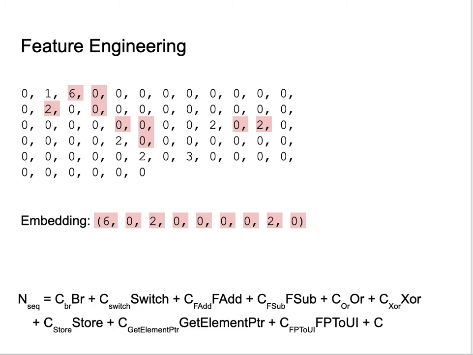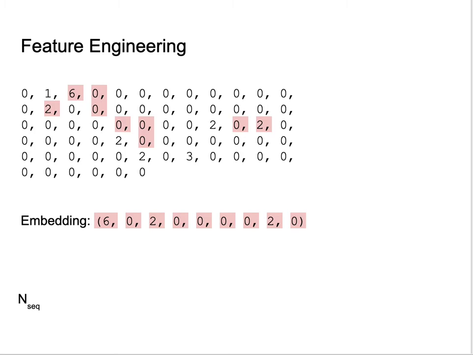And we will try to write the number of instructions produced by the sequence of optimizations as a function of this vector. Don't worry, that's not as scary as it looks. We want to build a function that approximates the number N_seq, which is the number of instructions in the optimized program compiled with the sequence of optimizations called seq.